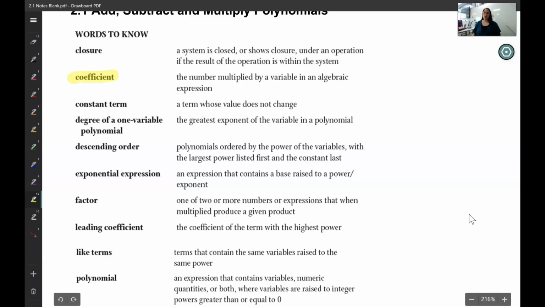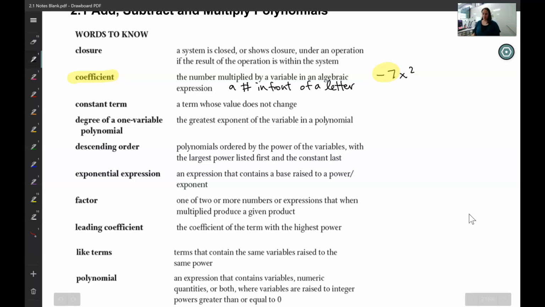The first important one is a coefficient. A coefficient is a number in front of a letter, essentially. So if I had something like negative 7x squared, negative 7 would be the coefficient, the number in front of the letter.